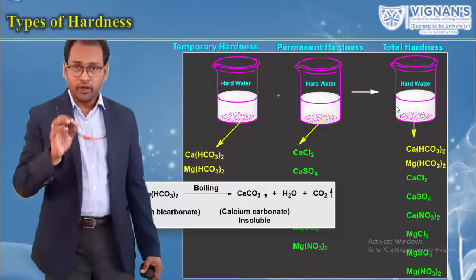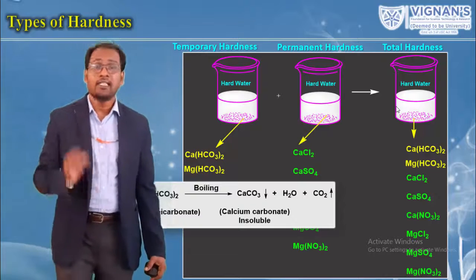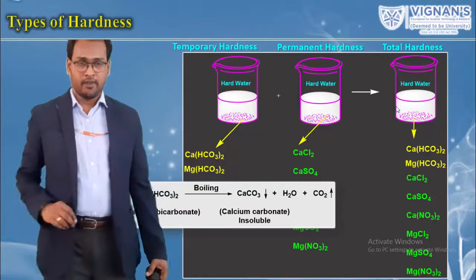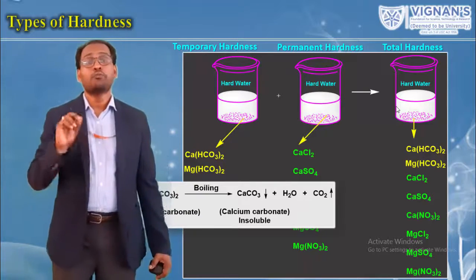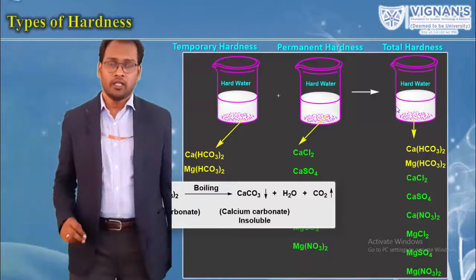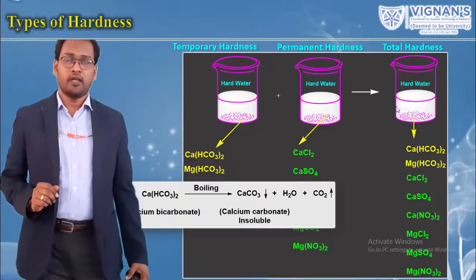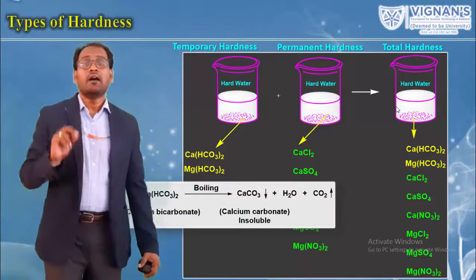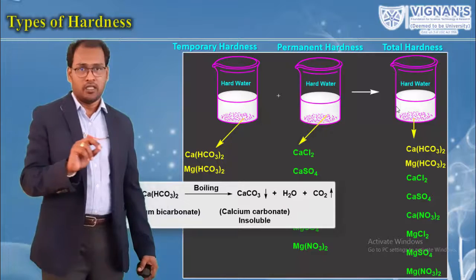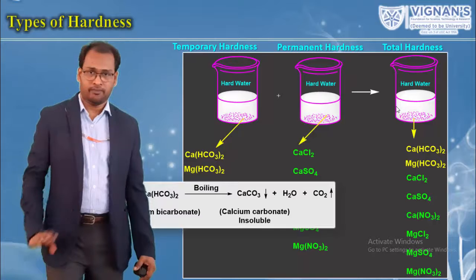Because of this, temporary hardness is also called carbonate hardness, since the components are mostly carbonates and bicarbonates. So this is how temporary hardness can be easily removed by mere boiling and filtration.